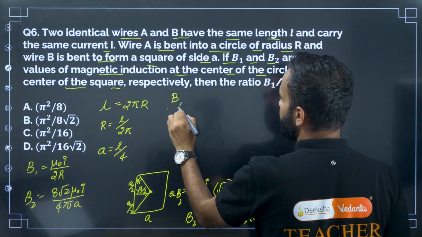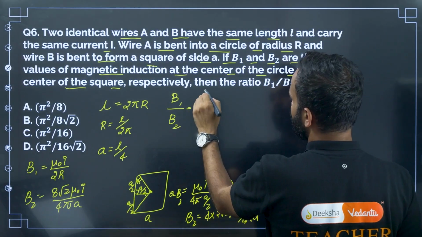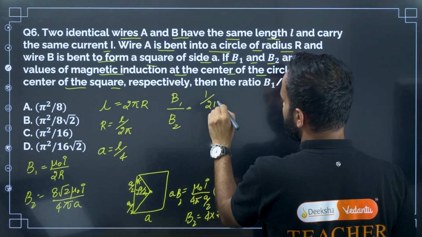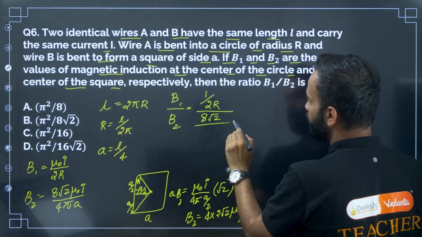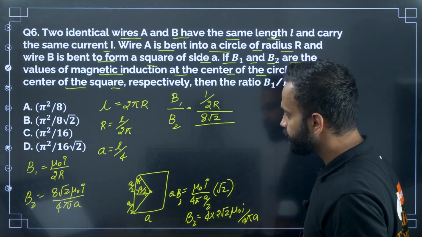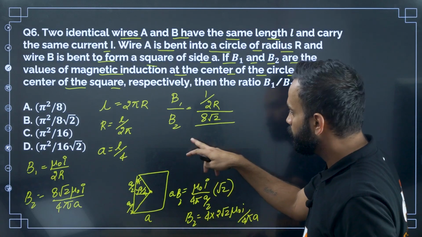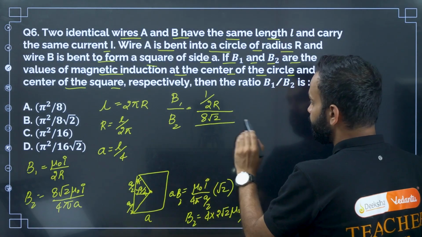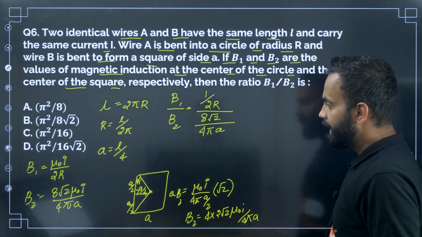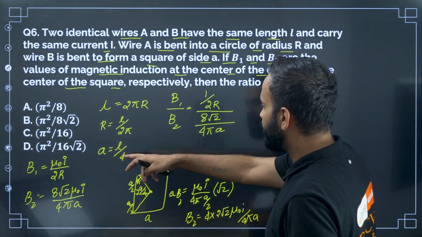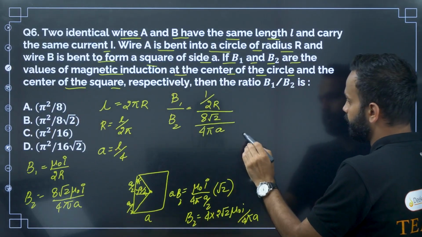B1 divided by B2 equals 1 divided by 2R, whole divided by 8 root 2 divided by 4 pi A. Mu naught I gets cancelled. Here A is L by 4.